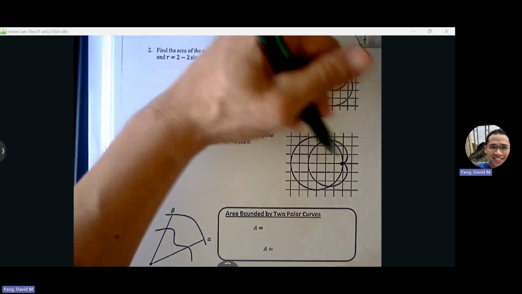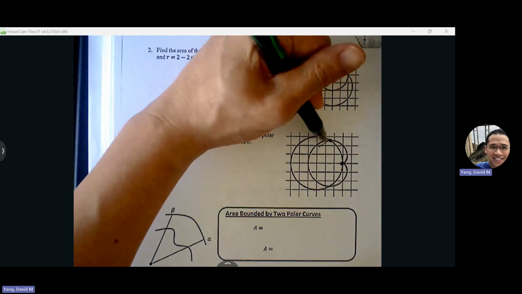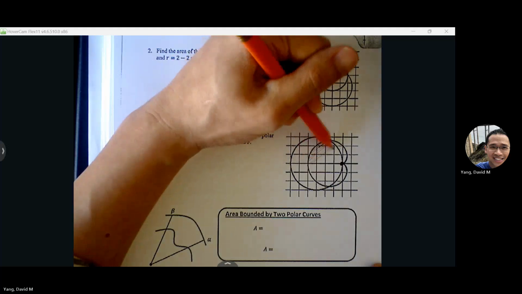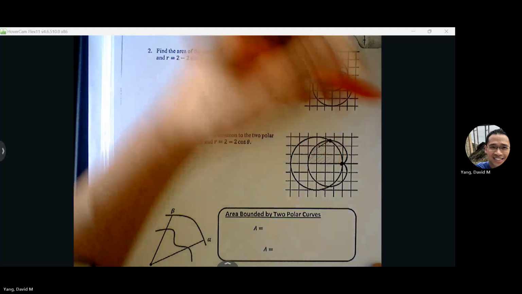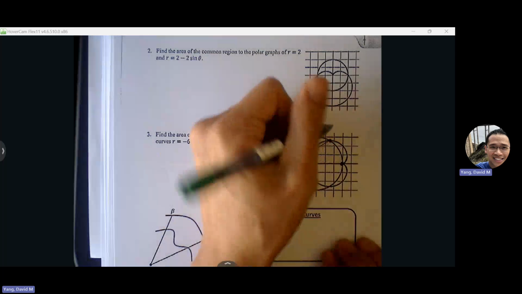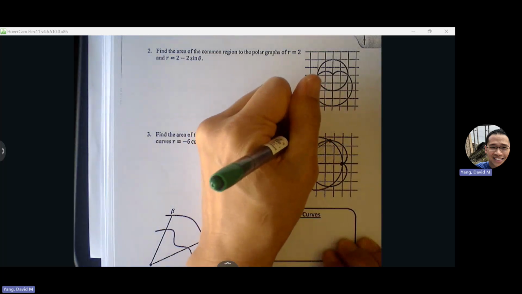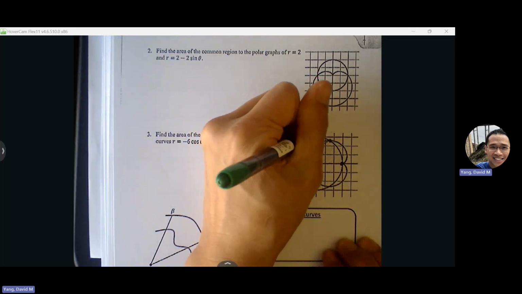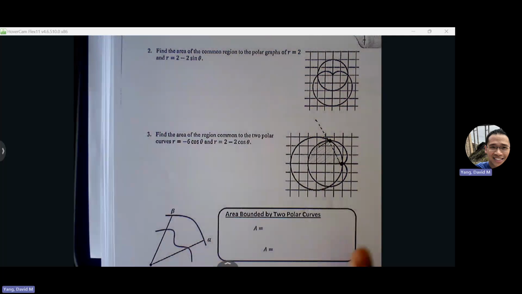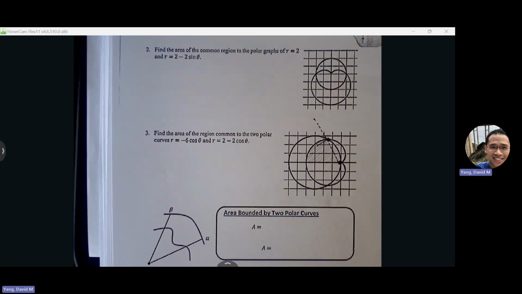And so the shared region is the overlap between those 2 graphs. And the important thing is that there is going to be a shift after that point.